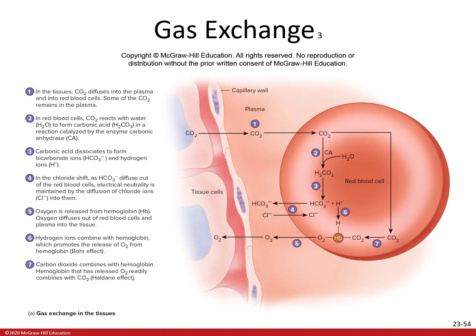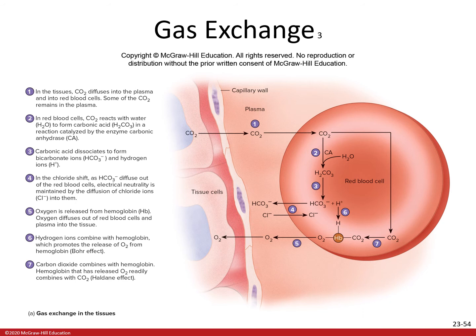This slide is illustrating and writing out how gas exchange is going to occur in your tissues. In the tissues, the carbon dioxide is going to diffuse into red blood cells where the enzyme carbonic anhydrase is located.